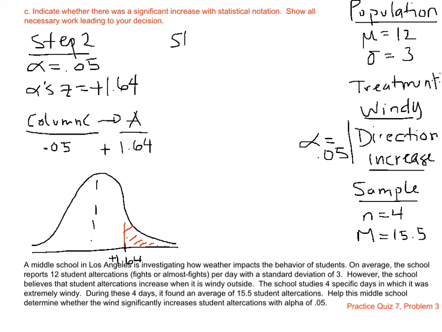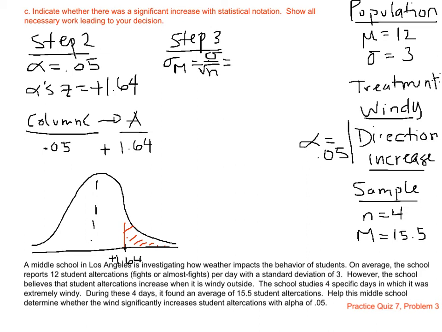And in step 3, I'm going to be calculating my standard error and my sample's z-score. For my standard error, the equation is, it's not s. My equation is sigma over the square root of n.